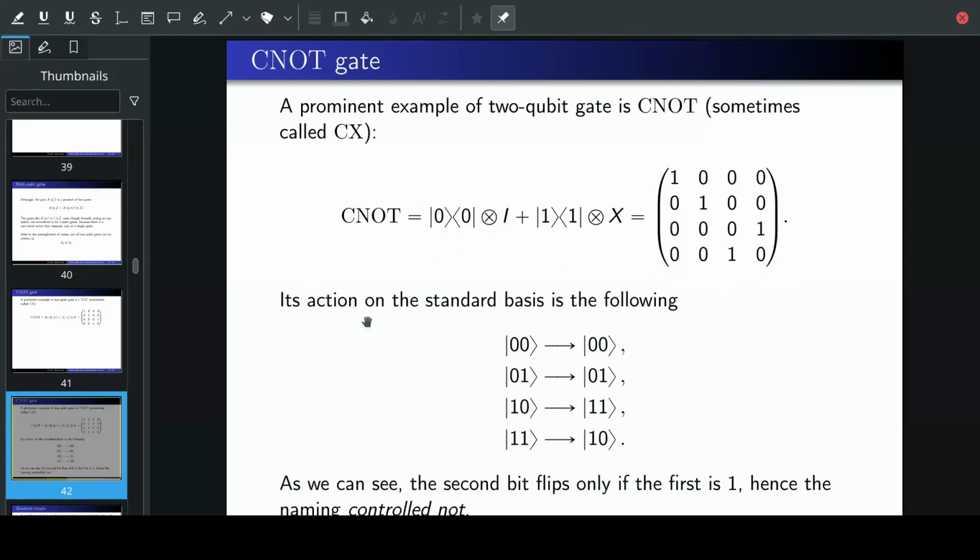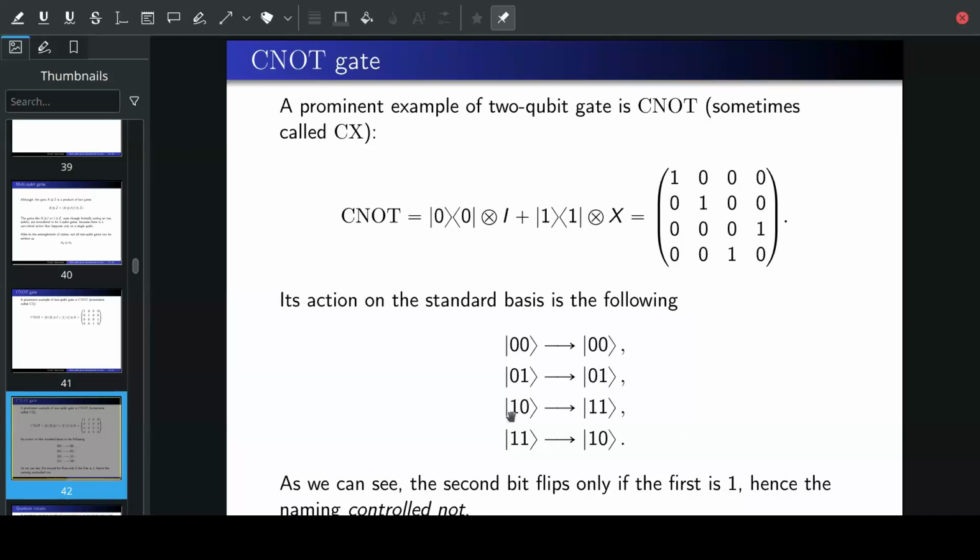Now, the action of this gate on the standard basis is the following. The ket 0,0 goes to 0,0, 0,1 goes to 0,1, and those two actually switch. And as we can see, if the first bit is 0, then nothing happens here.